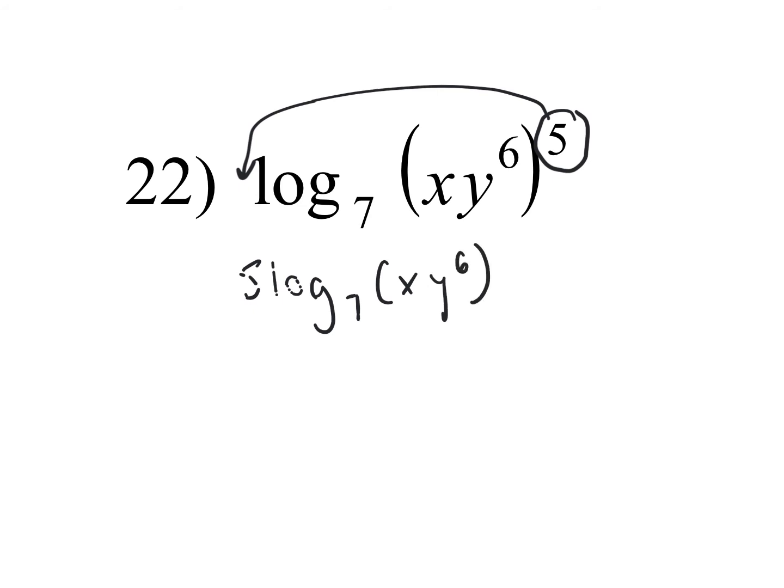Now here we are multiplying x times y to the 6th power. So to break it apart, what goes with multiplication? Addition. So this would be 5 log base 7 x plus, every single time you break it apart, this goes with it, 5 log base 7 of y to the 6th power.